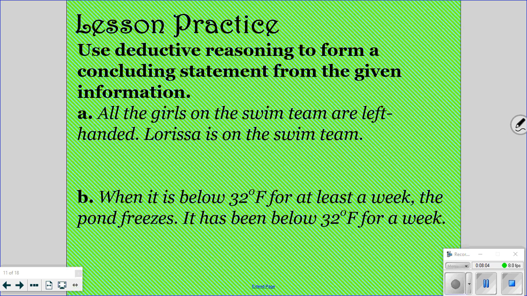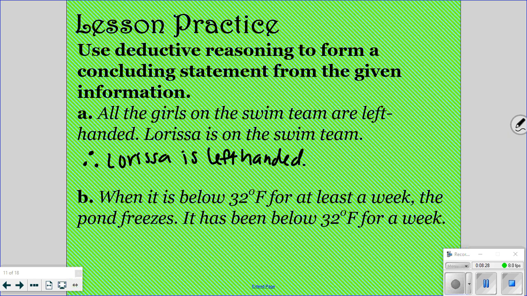We're going to look at some practice problems. So y'all try these two and then y'all unpause the video and I'll go over them. So we want to form a concluding statement. All the girls on the swim team are left-handed. Larissa is on the swim team. Therefore, Larissa is left-handed. Okay?